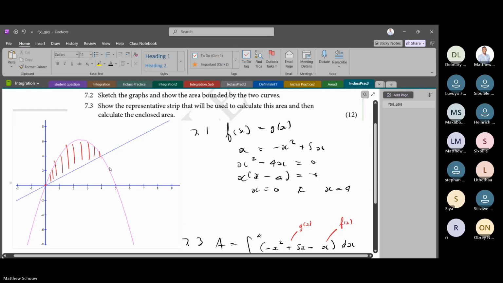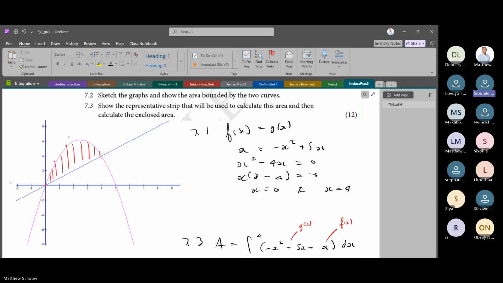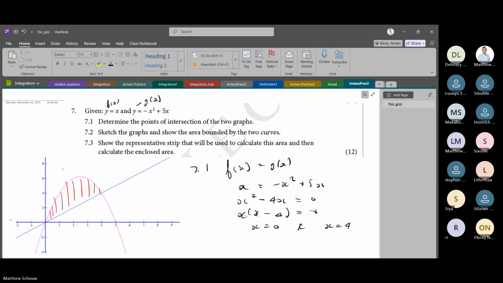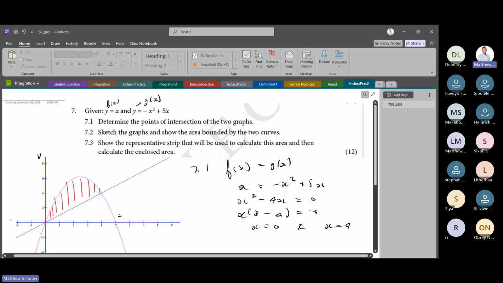If this was a velocity-time graph, maybe of two bodies moving in two different ways, one body is moving with that function and another with that one.